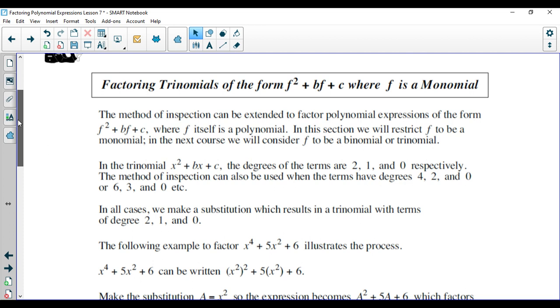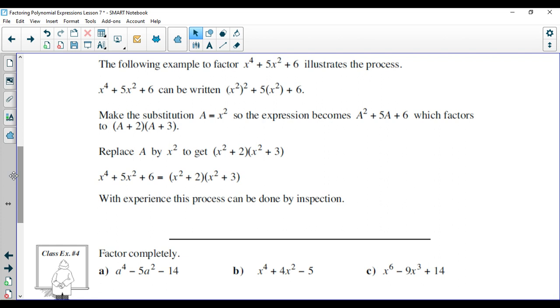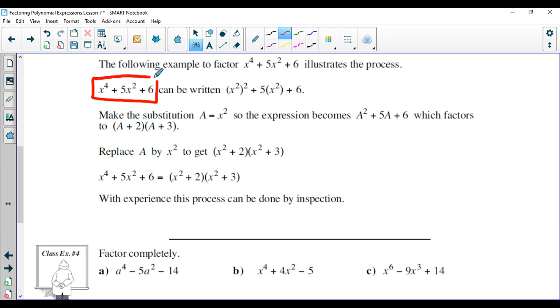Okay, let's skip all this text and jump down to the type of trinomial we're going to look at. So we have a trinomial that looks like x to the power of 4 plus 5x squared plus 6.